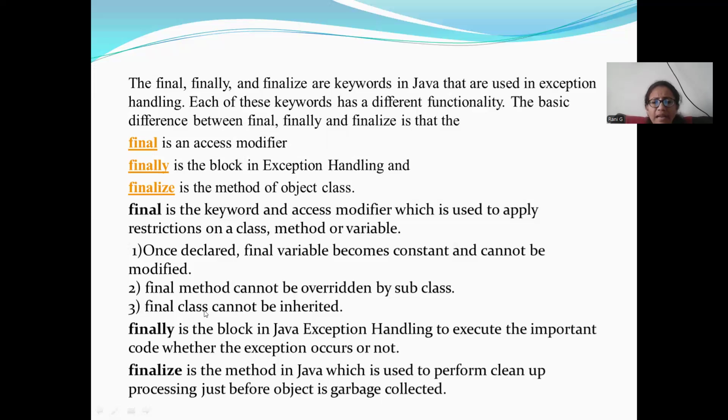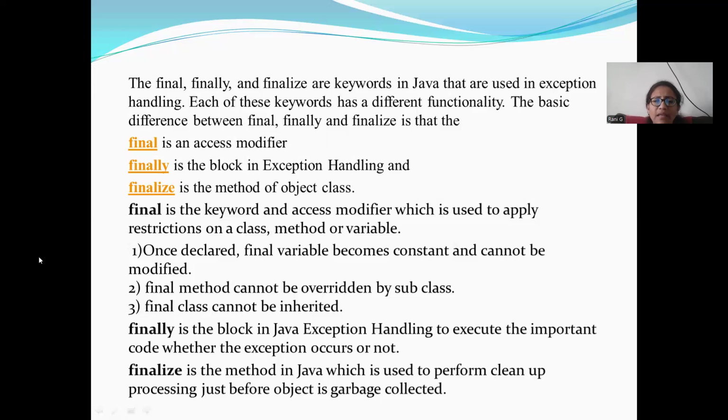Next, the final class. Whenever we apply the final keyword to a class, it cannot be inherited. Inheriting is nothing but acquiring the properties from the parent to the child. If you declare the class as final, we cannot inherit anything. It is fixed.